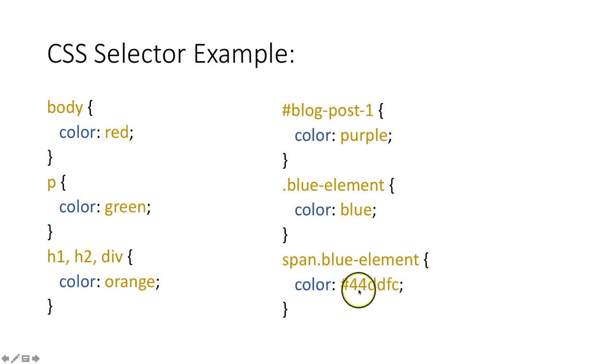And this color format here, the hash 44DDFC, is a format to define color using hexadecimal notation. It gives you a more precise red, green, blue color selection. You can also define alpha, I believe. I think you can actually go one further. I think alpha would be the transparency.